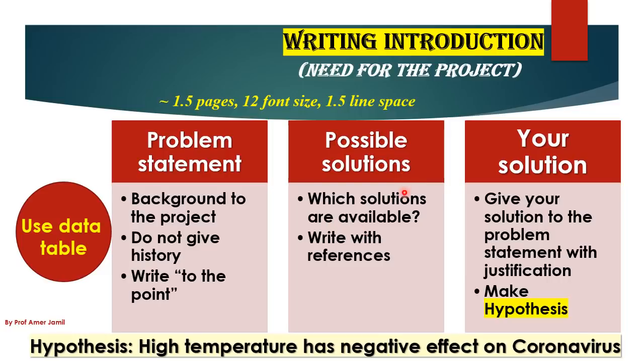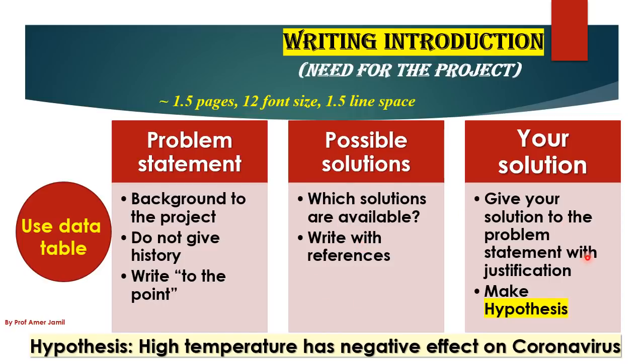Then you give the possible solutions, which solutions are available, with the help of references. There may be different types of solutions to this problem: coronavirus may be killed with the help of temperature, or humidity, or some other factors. So you write that in this paragraph.